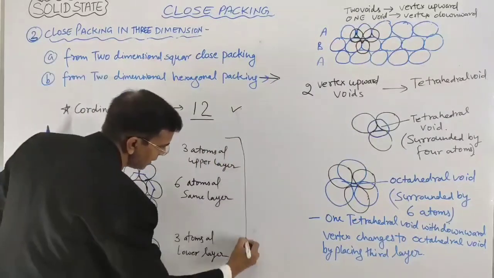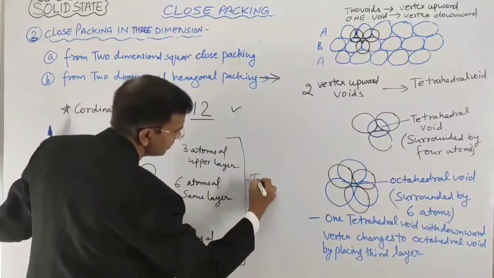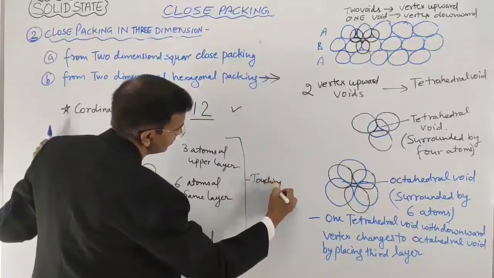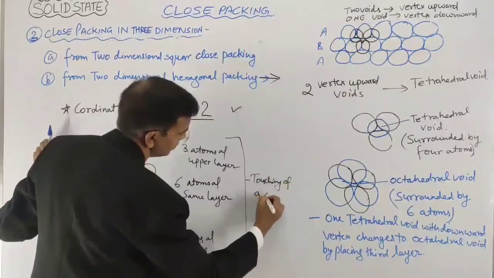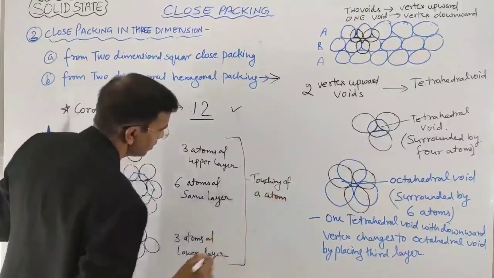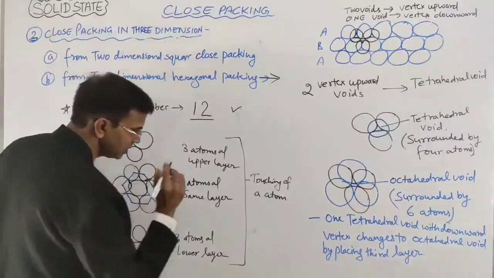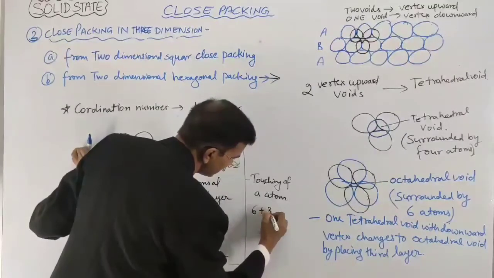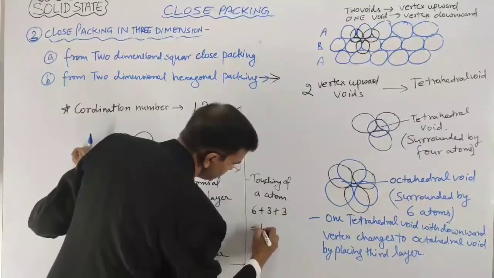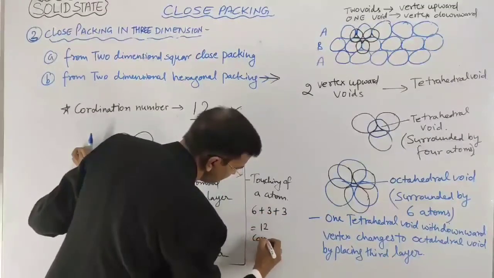This is the touching of an atom. Right, now here the coordination number is 6 plus 3 plus 3, which is equal to 12, the coordination number.